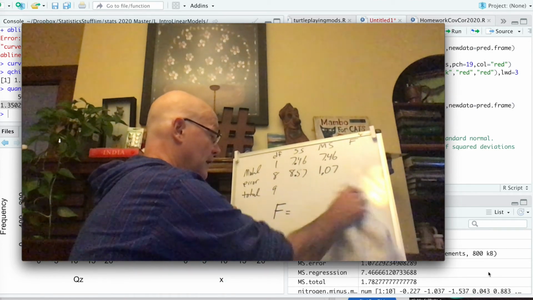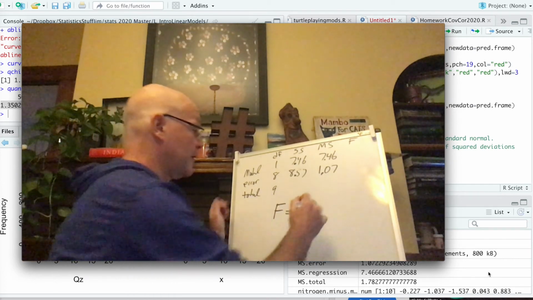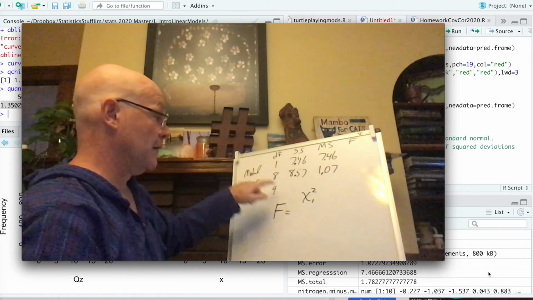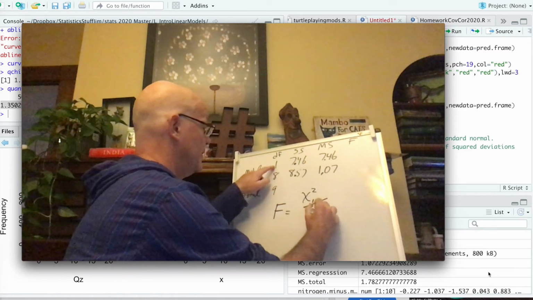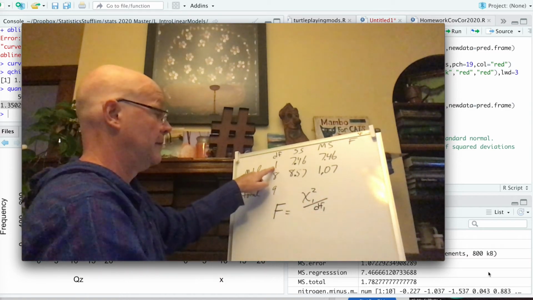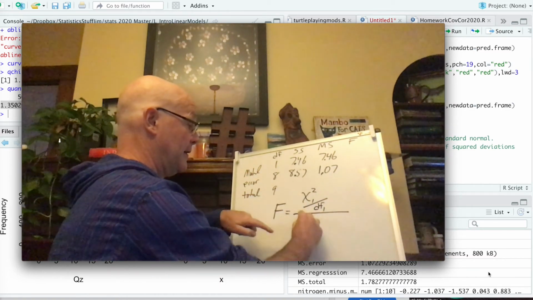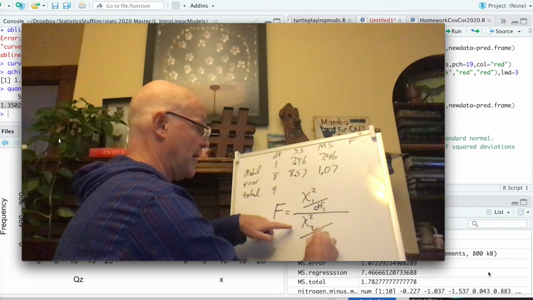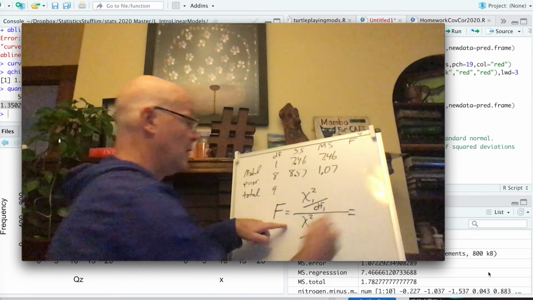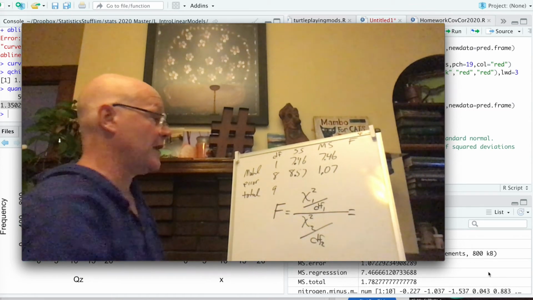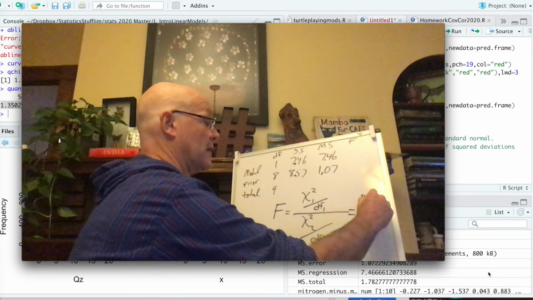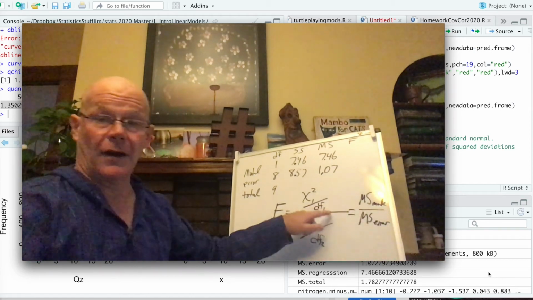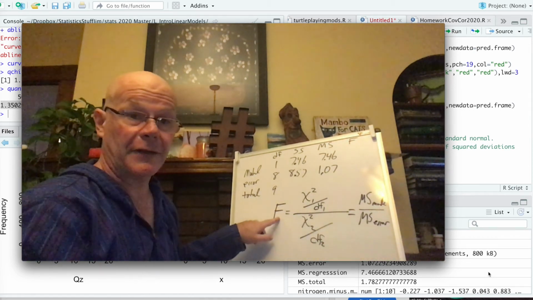So the F is simply the chi-squared of our model divided by the appropriate degrees of freedom, divided by the chi-squared of our error term, the second distribution, divided by its appropriate degrees of freedom. Well, that is the exact same thing as the mean squared of the model divided by the mean squared of our error term. And that's what the F distribution is.